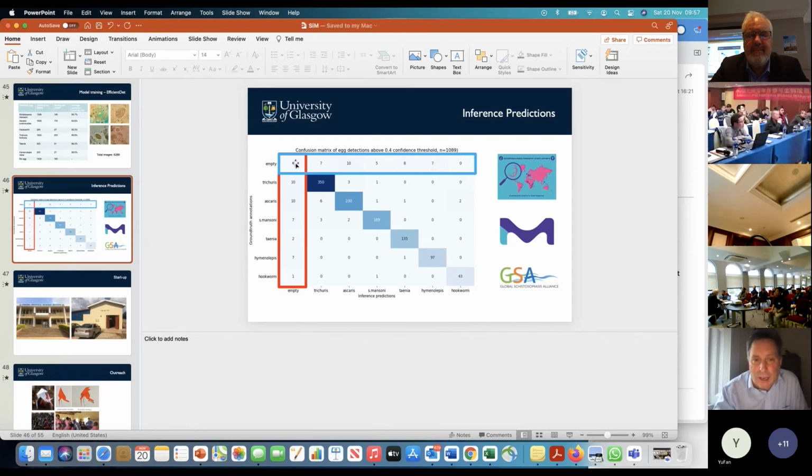And in the vertical class, what we're doing is saying that we were unable to detect eggs, whereas the ground truth told us that there were eggs present. The ground truth would be normal light microscopy with an expert doing this, and our inference prediction would be one based upon our detection software.